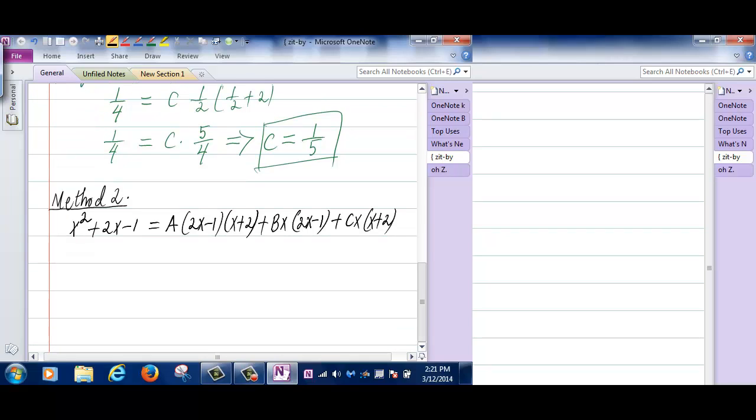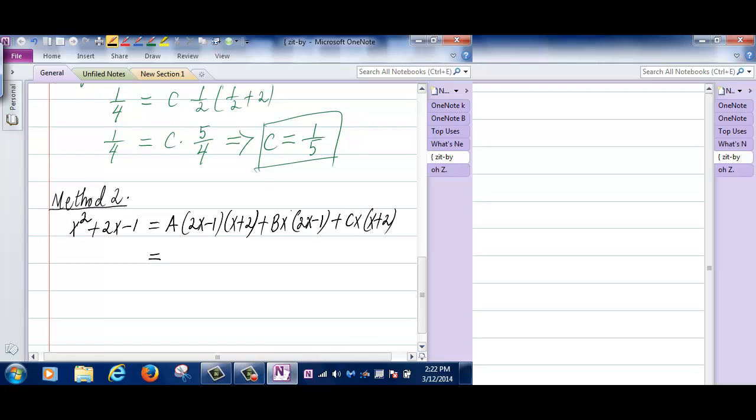So what we are going to do on the right side is we are going to multiply out and collect like terms. Now, what is the largest exponent on x you can obtain on the right hand side? If you multiply out, the largest power of x you could get is 2.